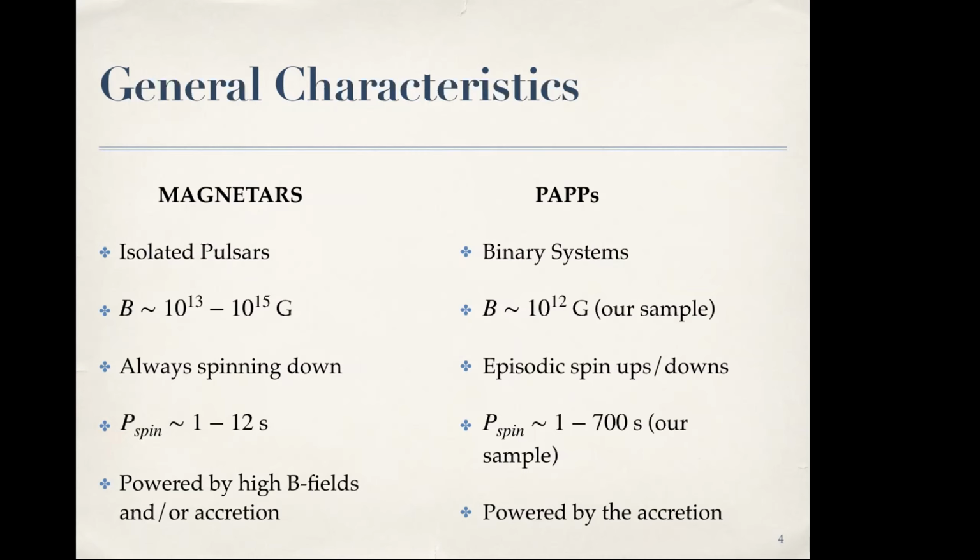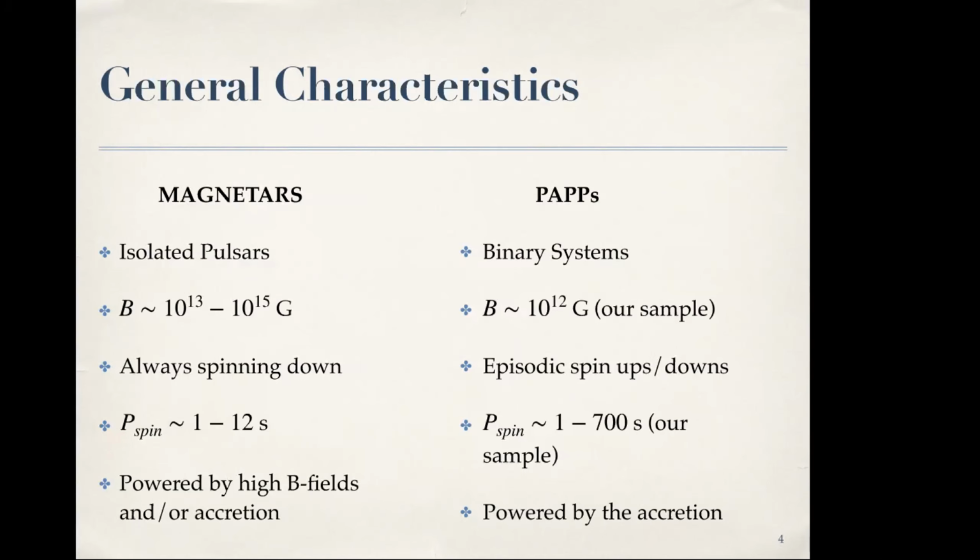Regarding their magnetic fields, magnetars have inferred dipole magnetic field strength values of the order of 10^13 to 10^15, which makes them actually the objects with the highest magnetic field values in the universe as we know it.